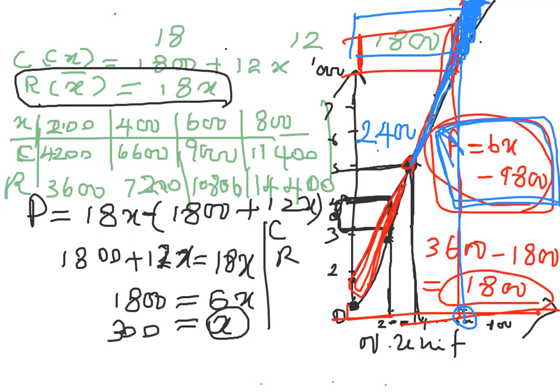2,600 equal to 6x minus 1,800. When we simplify this one, we get the x value.